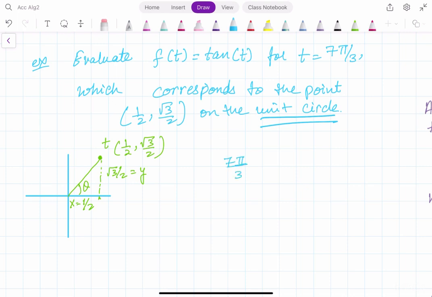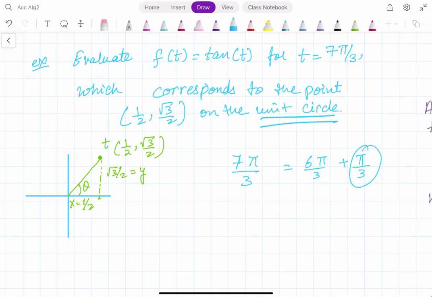So 7 pi thirds can be rewritten as 6 pi thirds plus pi thirds, because 6 pi thirds implies that the entire circle is covered, and then we add pi thirds. Now again, you can see we are adding pi thirds.